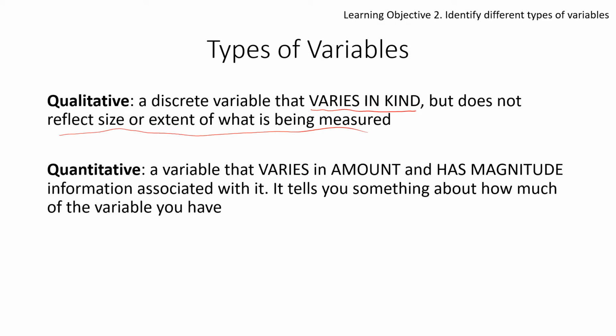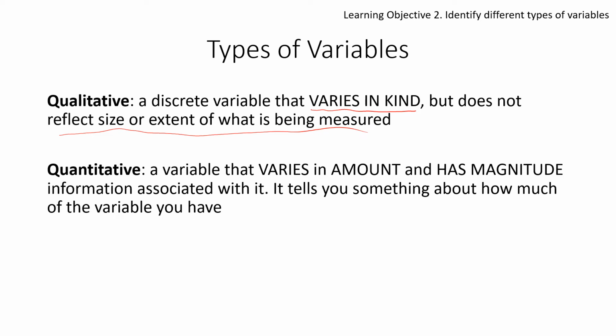Conversely, you've got quantitative. Quantitative does vary in amount. It does matter about size or extent of what's being measured. So it has a magnitude. It tells you something about how much of the variable you have. So if I was talking about height, height is a quantitative variable because it is something that's measuring in amount.